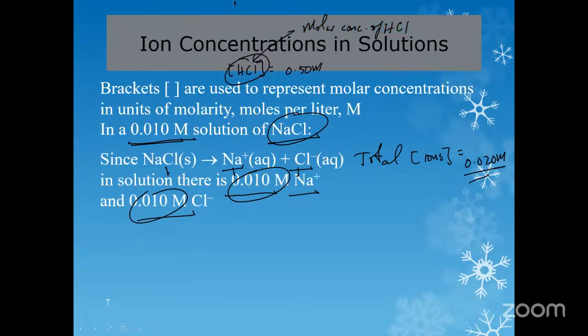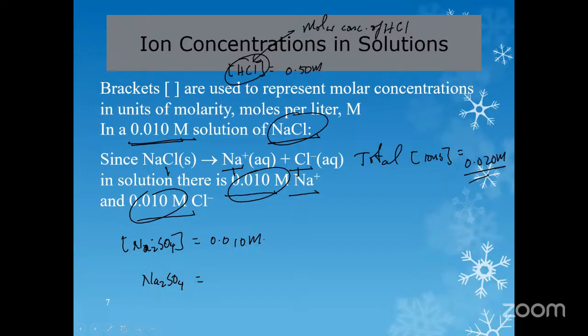Let's say you had a solution of sodium sulfate, where the molarity is equal to 0.010 again, all right? Now, in the case of sodium sulfate, you have to pay attention to the stoichiometry to determine the total concentration of ions, right?